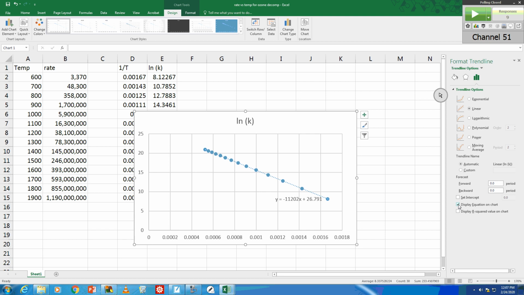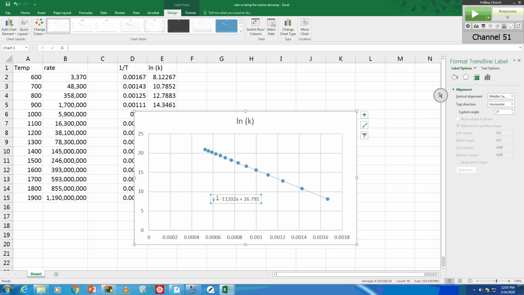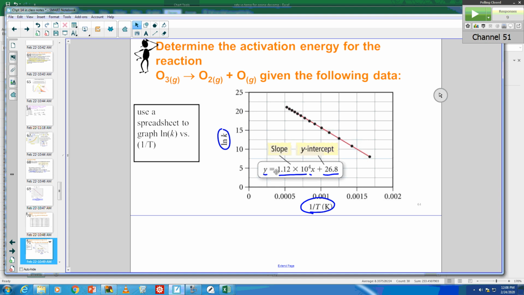And when I display the equation, it shows me what the value of this equation is. So this number I'm going to highlight here represents the slope of this equation. So the slope is a negative 11,202 versus what the notes have.